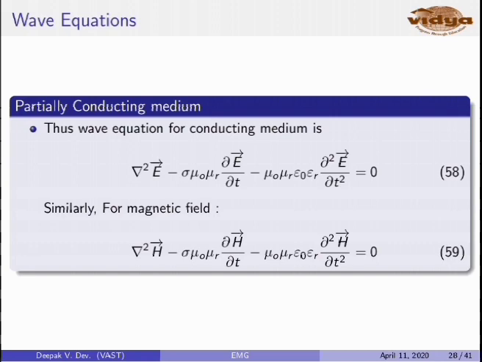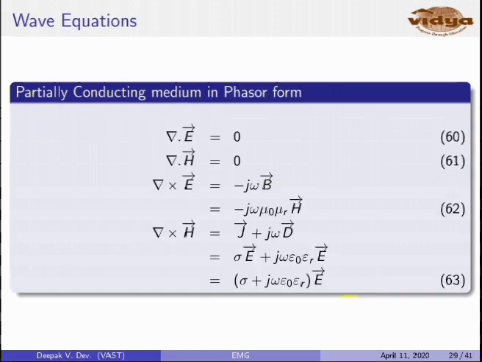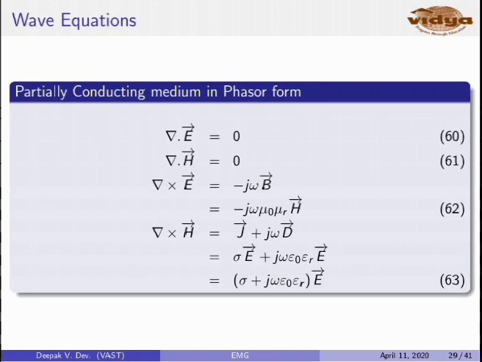That form is very simple to obtain. So here, for obtaining the wave equation in phasor form, we will represent Maxwell's equations in the phasor form. It is very simple. You have to substitute the d by dt or dou by dou t term by j omega. Then you will get Maxwell's equations in the phasor form.